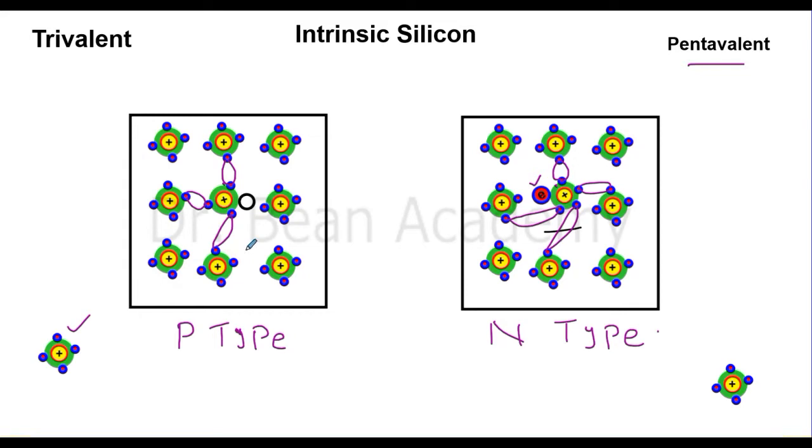Some students might think that because I am calling it p-type material, maybe it is positive material, or it gains some type of positive charge. No, it is electrically neutral overall, because no matter how many silicon atoms I replace with a trivalent atom, every trivalent atom is also electrically neutral. So it is not adding or deleting any charge from this material.